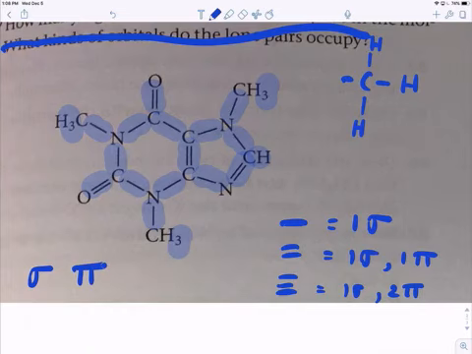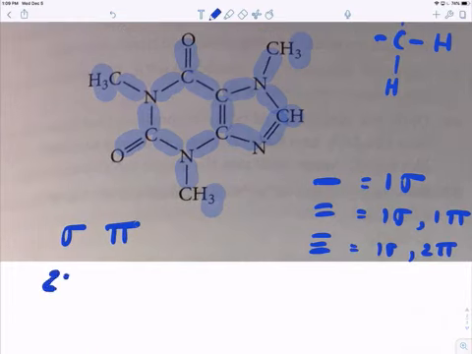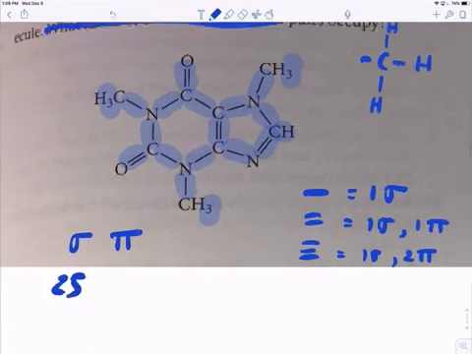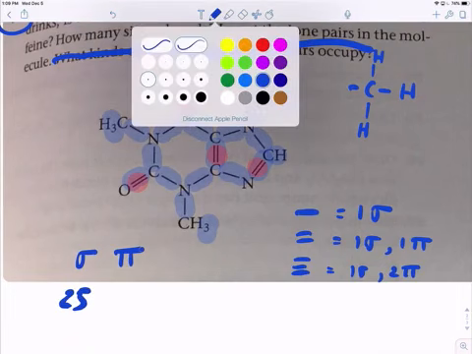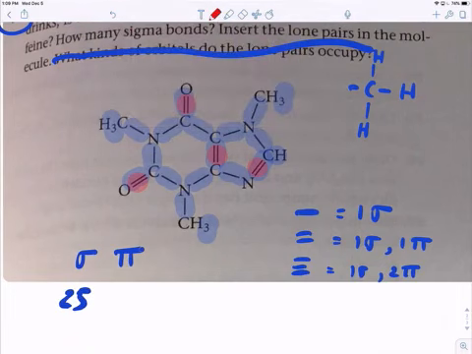So 25 sigma bonds. Did I miss any of them? Now pi bond is each from one of the double bonds. So the pi bonds, there's 4 double bonds, therefore there are 4 pi bonds.